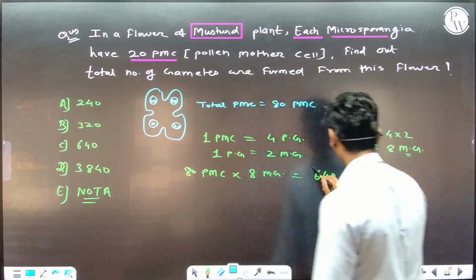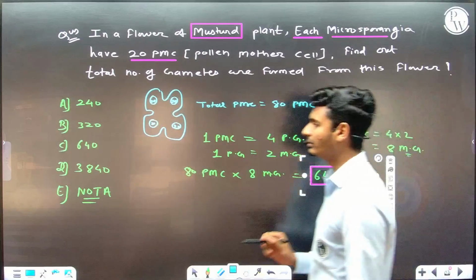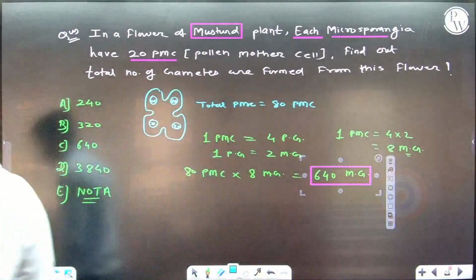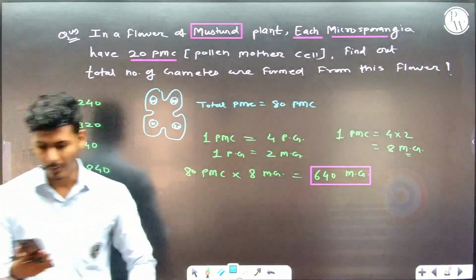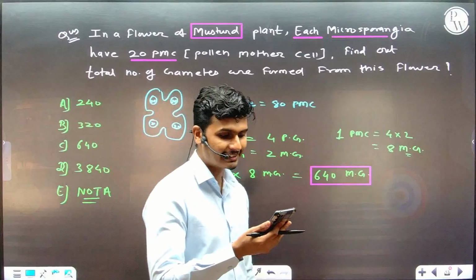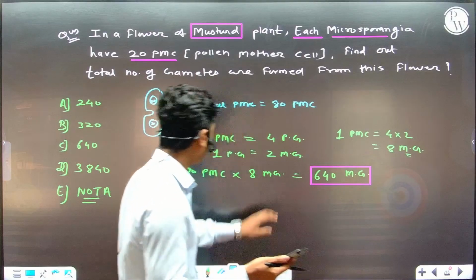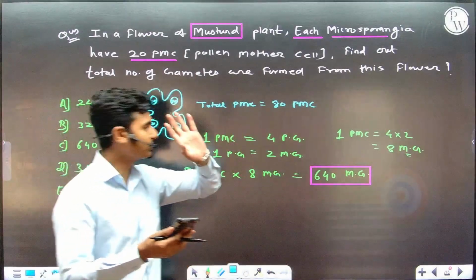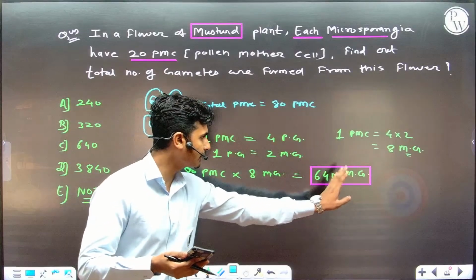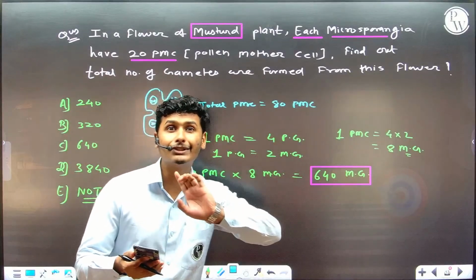Now almost all students are going to take option number C. Sneha is saying option B, and almost all students are saying option C, sir, 480. Now 480 is not the answer.